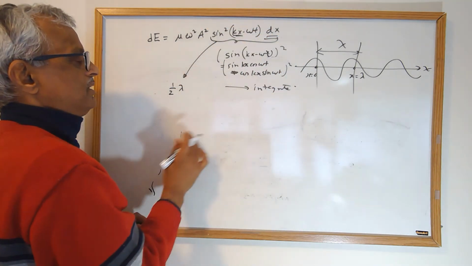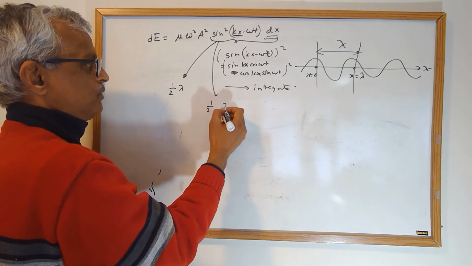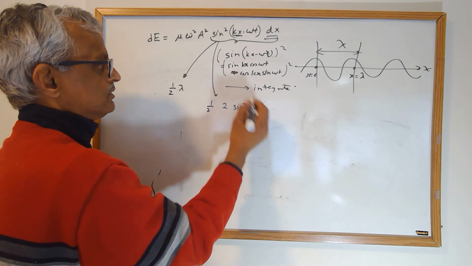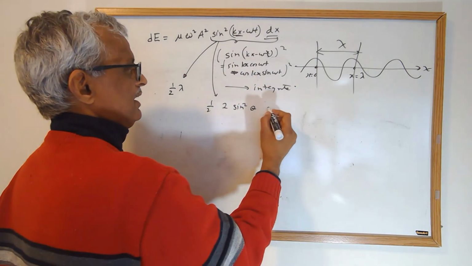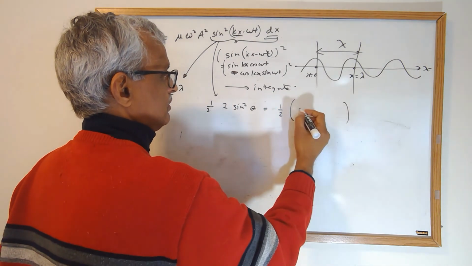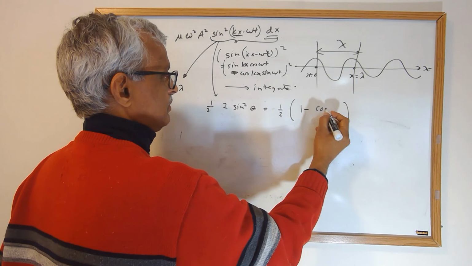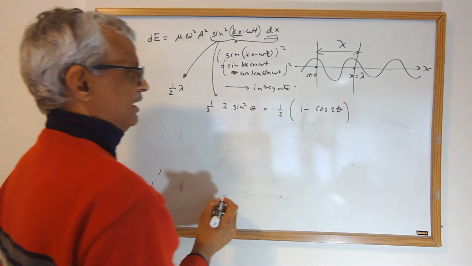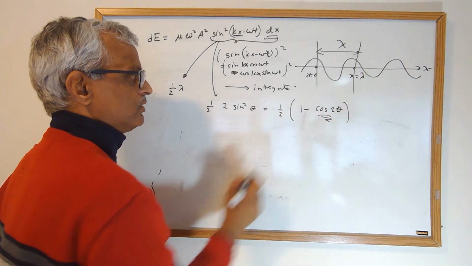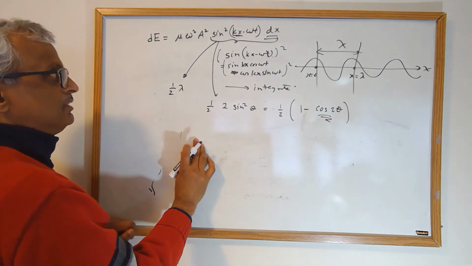You could convert this into half times 2 sine square theta, which gives half of 1 minus cosine 2 theta, and you can see when you integrate that cosine out, you're going to get 0. When you integrate the 1, you're going to get lambda.